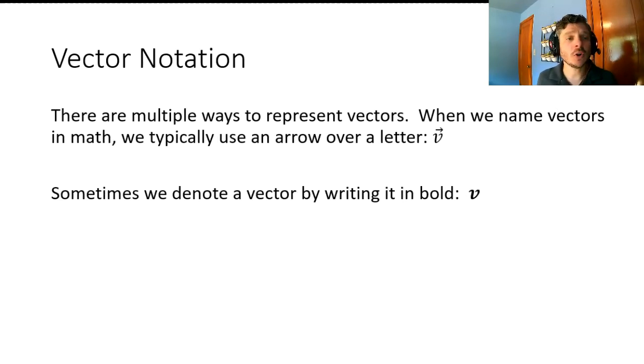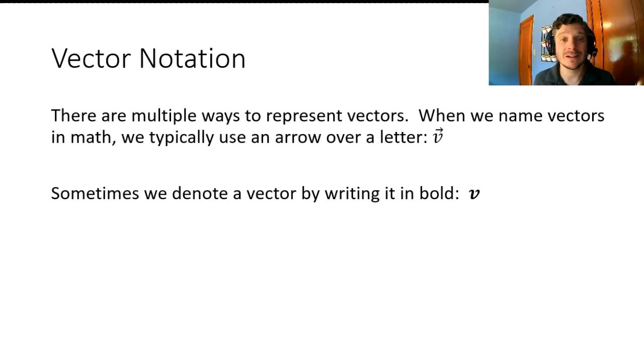So there are multiple ways that we represent vectors. When we name vectors in math, we typically put an arrow over the top of it because when we talk about vectors, we typically talk about them in the context of mathematics or physics as having a magnitude or a size and a direction. The other way we denote them is writing it in bold.